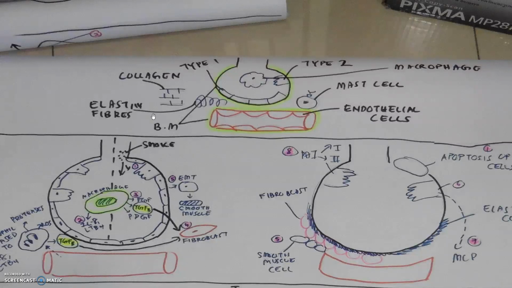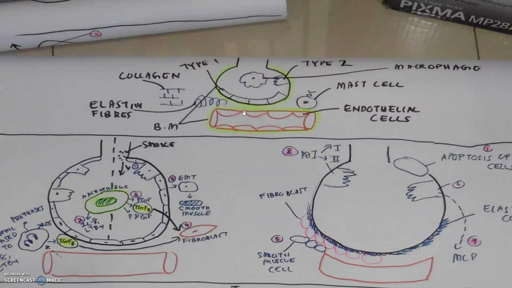Type 2 cells are not really squamous, they are a bit cuboidal, and then in the alveolus we also have a macrophage. That is the macrophage, and these are type 1 and type 2 epithelial cells. The light green one which I have drawn here is the basement membrane.